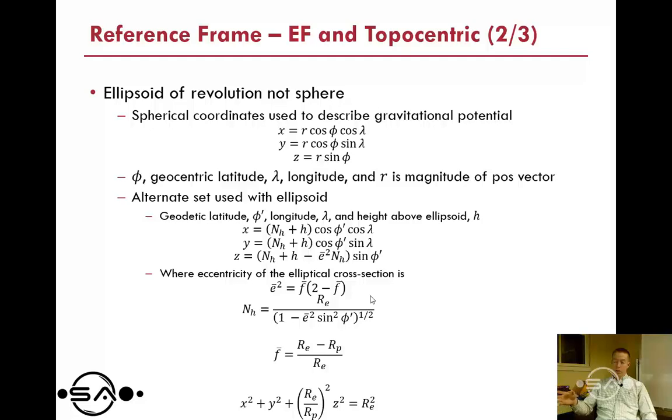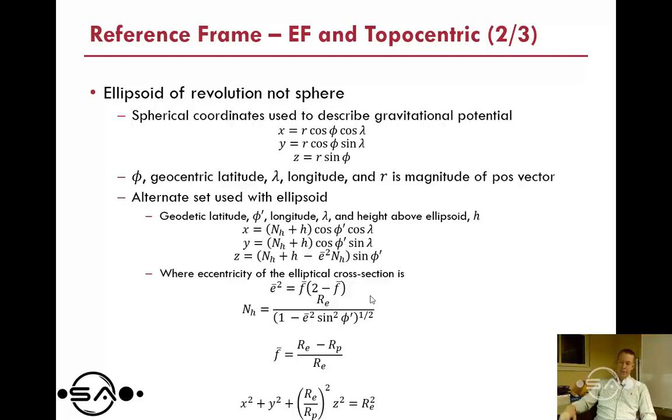We're using an ellipsoid of revolution, so we need to convert from geocentric coordinates to geodetic coordinates. So we actually have the geodetic latitude, longitude, and height above the ellipsoid that we're going to use, as opposed to the geocentric latitude, longitude, and r, where r is the magnitude of the position vector.